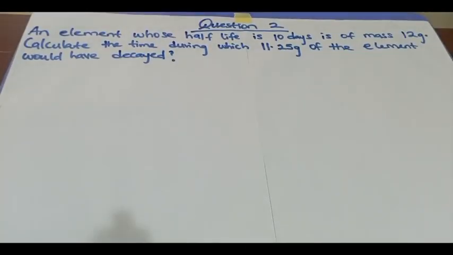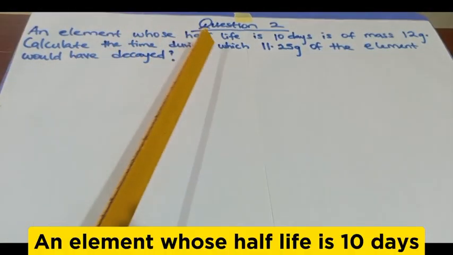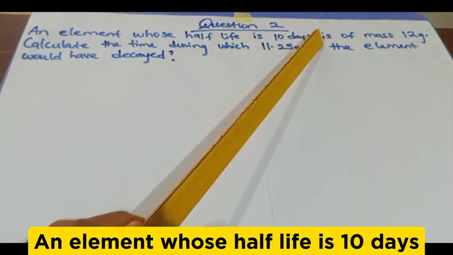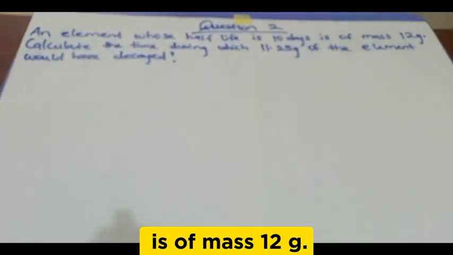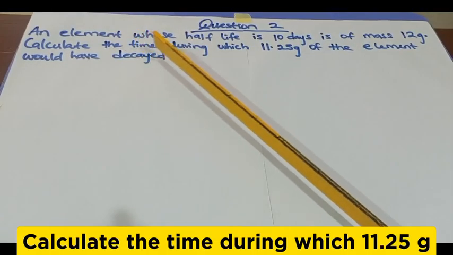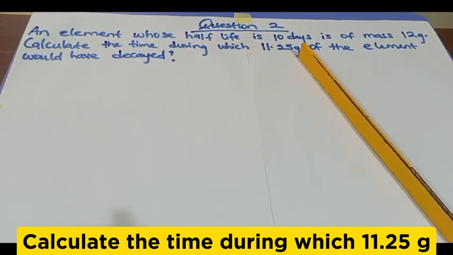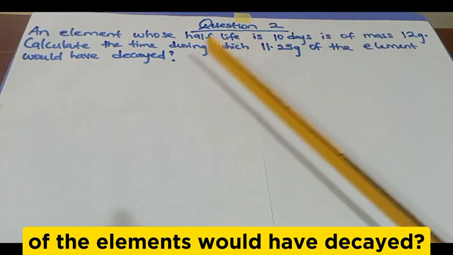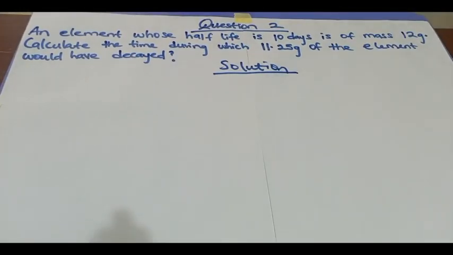The second question: an element whose half-life is 10 days is of mass 12 grams. Calculate the time during which 11.25 grams of the element would have decayed. Let's write out all the parameters we are given.